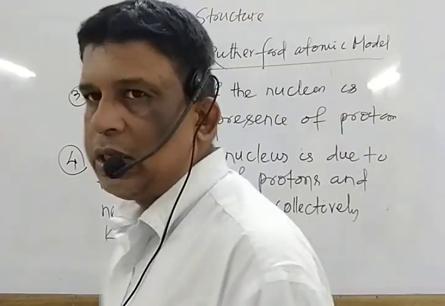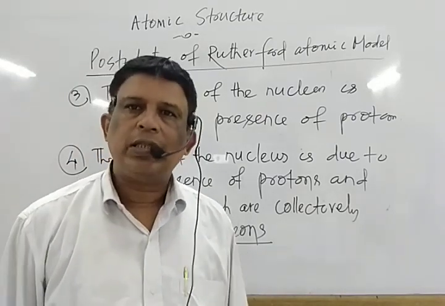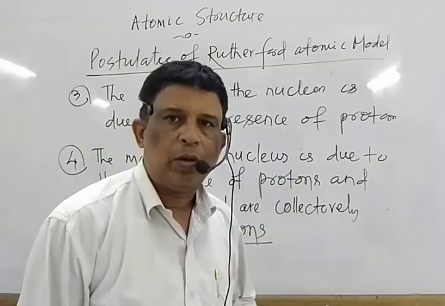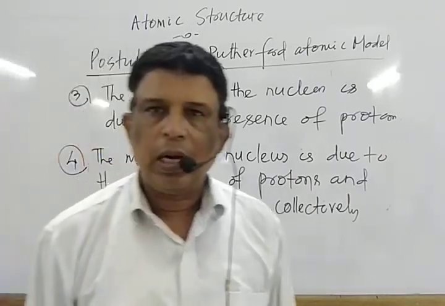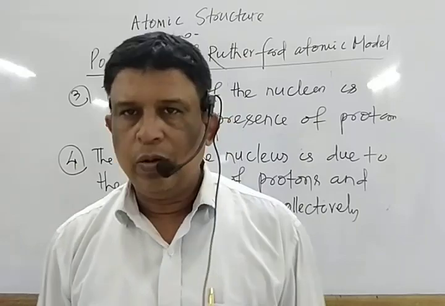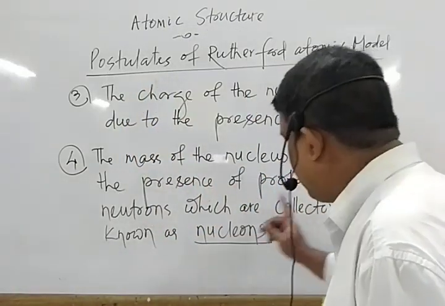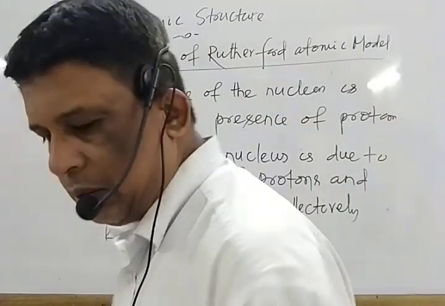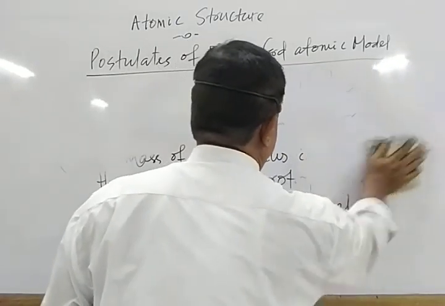We know the nucleus is positively charged due to protons, and as the neutron is neutral, neutrons and protons are present at the center, and each constituent is known as a nucleon. Next point, the fifth point: the nucleus is surrounded by negatively charged electrons.